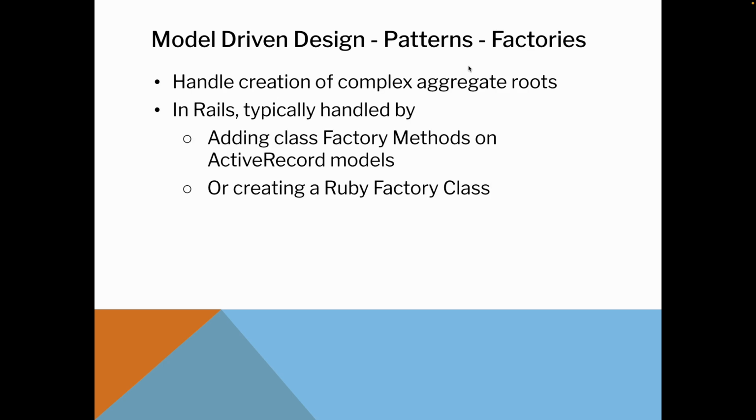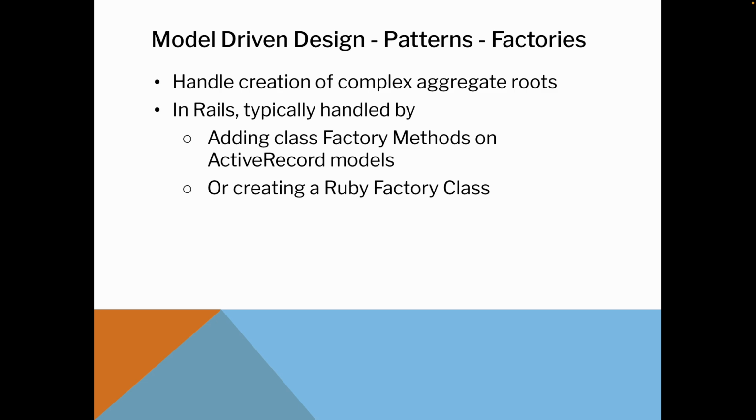Okay, the next topic is factories. So factories are available in the Gang of Four design patterns, which I covered a few talks ago. It's a common pattern for basically managing the creation of complicated objects. If you don't have a complicated object, you can just use the active record create method and create the object. You're done.